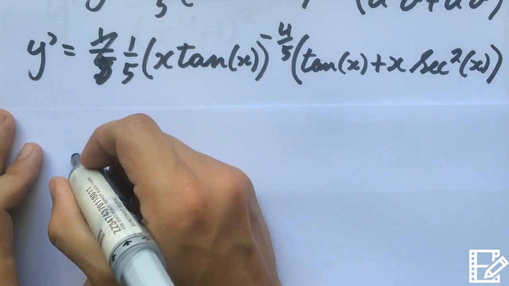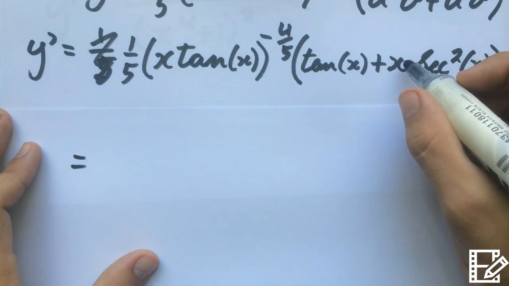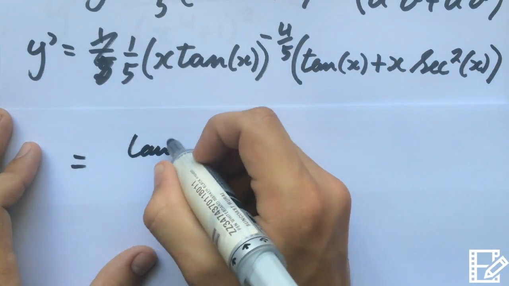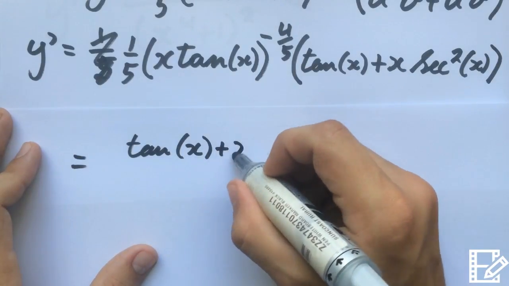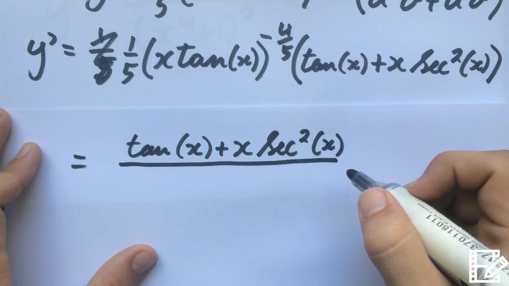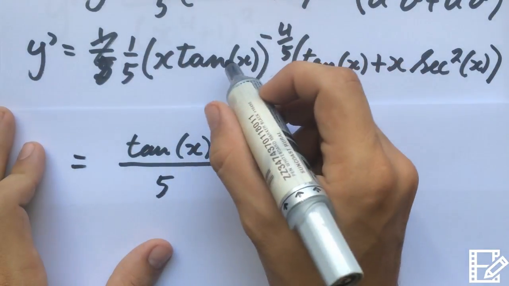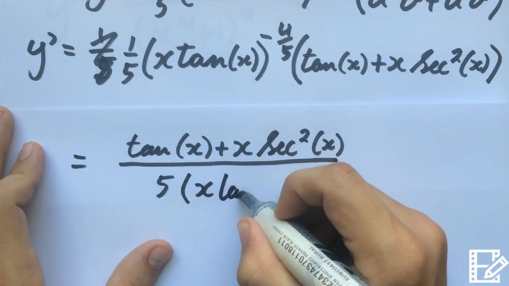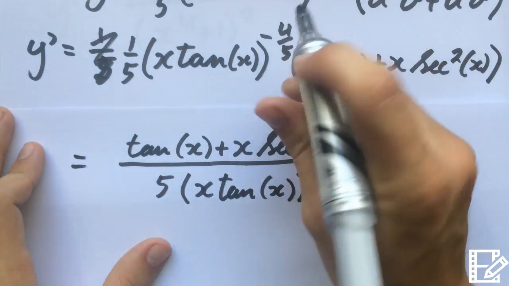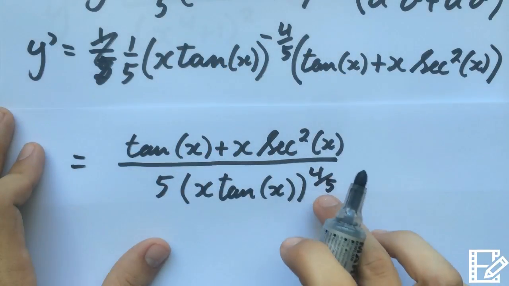So this will be the fraction we're using. tan x plus x sec squared x, because x multiplied by sec squared x multiplied by 1 is just x sec squared x, over 5, because the 5 is being multiplied onto whatever's on the bottom, and whatever's on the bottom is this, x tan x to the power of 4 over 5, because when you bring something to the bottom and the power is a negative, it becomes a positive when it comes to the bottom.